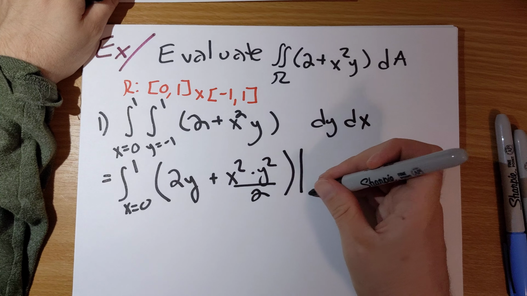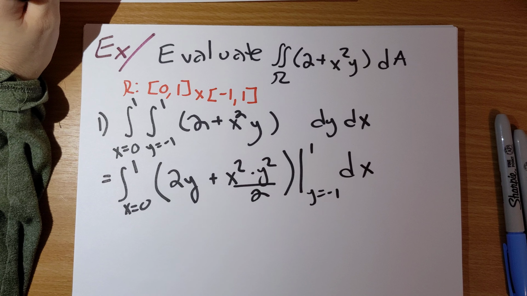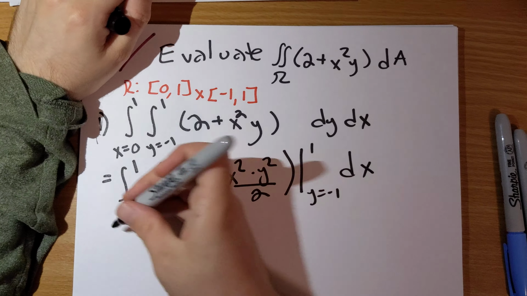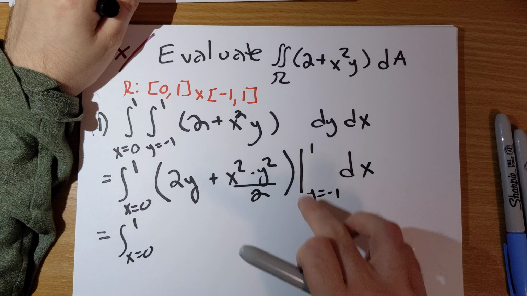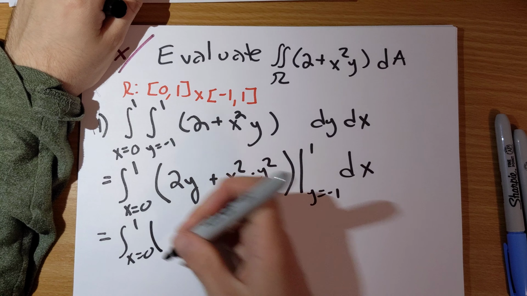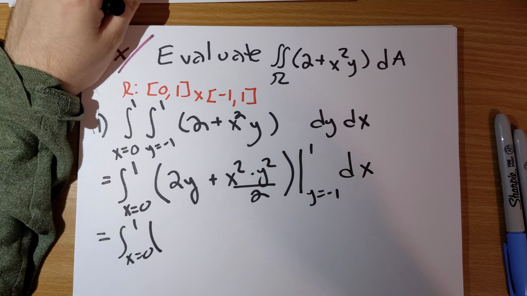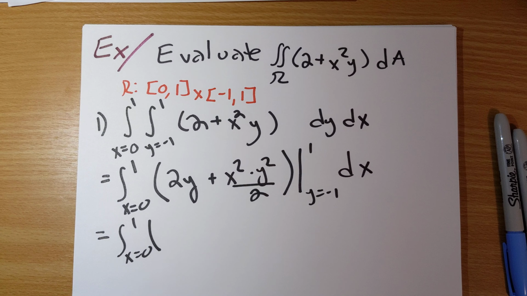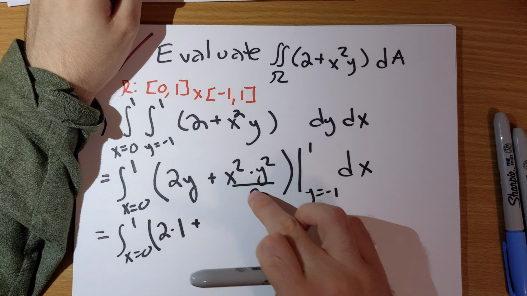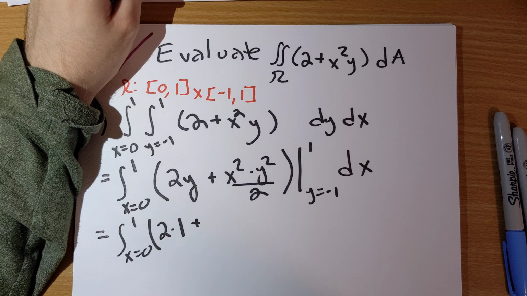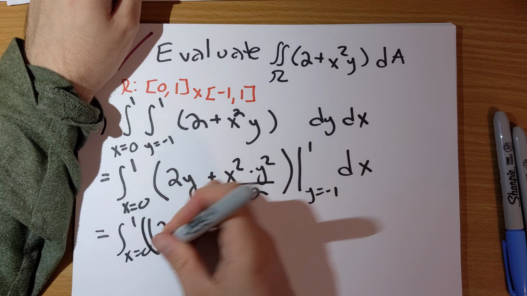Then we plug in y runs from negative 1 to 1, dx. Plugging in 1 gives us 2 times 1 plus x squared times 1 squared over 2. This is plugging in y equal to 1, not x equal to 1. That's a common mistake. So that's x squared over 2.